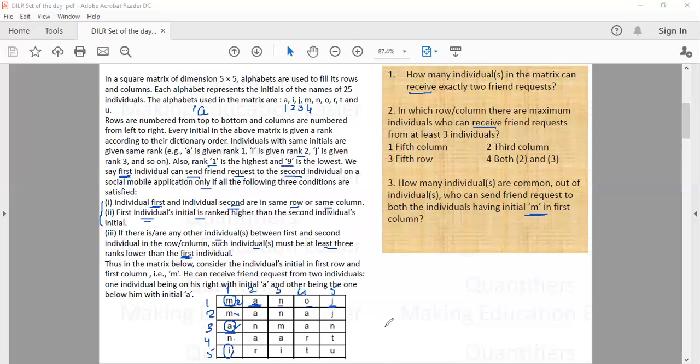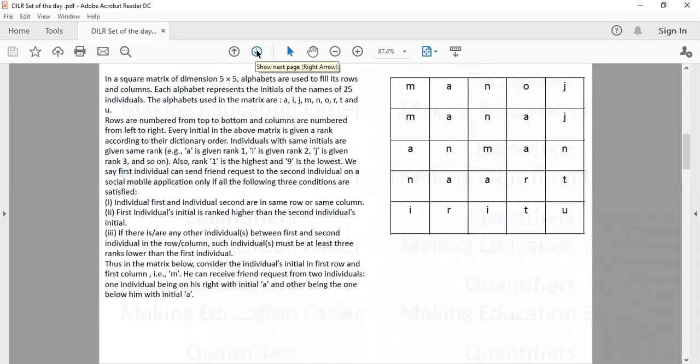So let us try to find out who is getting how many friend requests from the other people. So here is the table with us.